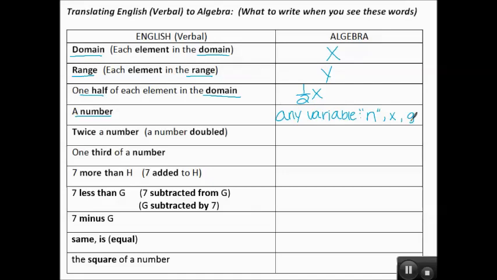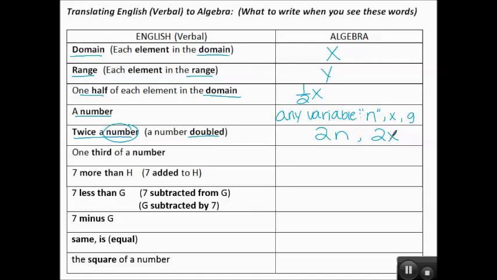So for our next one, twice a number, or a number that's doubled, remember that a number is going to be our N. And if we're taking twice it or doubling it, I want to write 2n. If you had chosen x to represent a number, you would write 2x, twice a number or a number doubled.